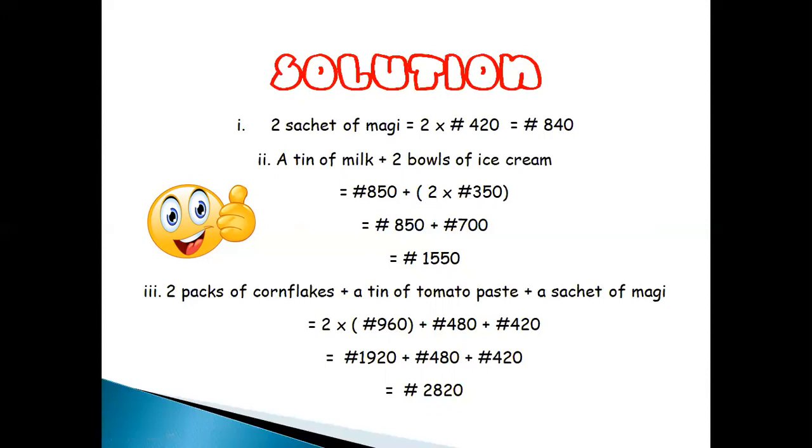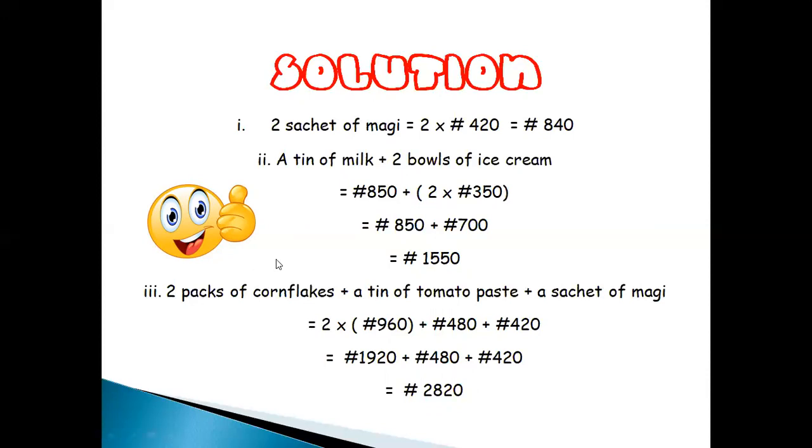If you do your multiplication, you can do that in your rough sheet and check what is the answer. 2 times 350 is 700 naira. So you add your 700 naira to 850 naira, and that will give me 1,550. So this is the cost of a tin of milk and two bowls of ice cream.